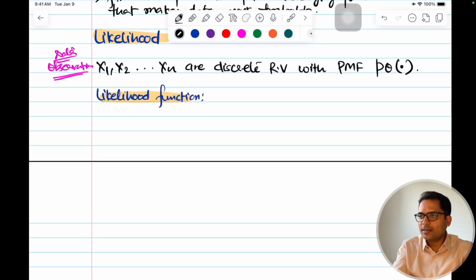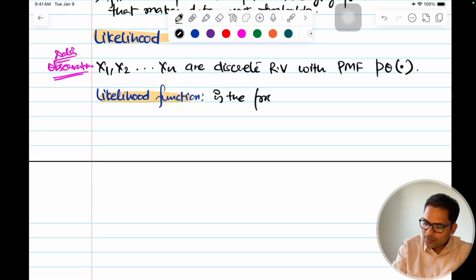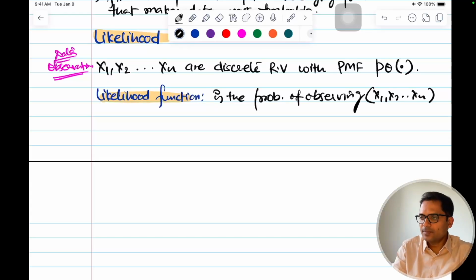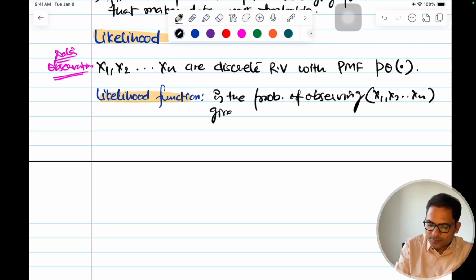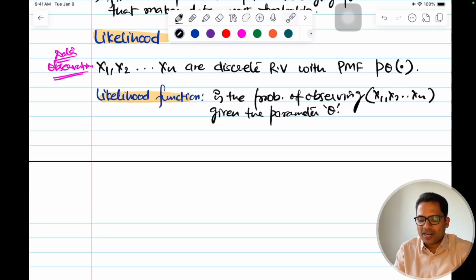In words, let me write it: it is the probability of observing x1, x2, ..., xn, given the parameter theta, whatever is the parameter of my underlying model.